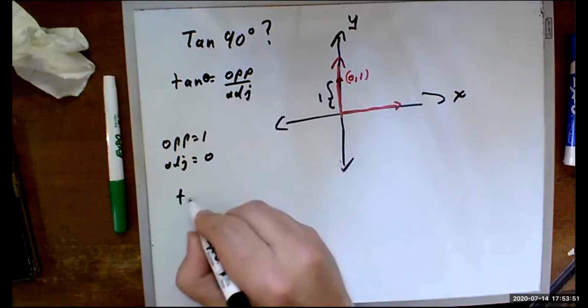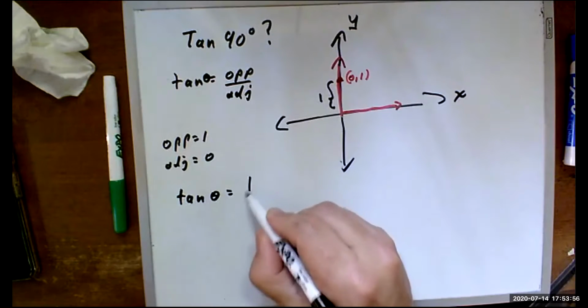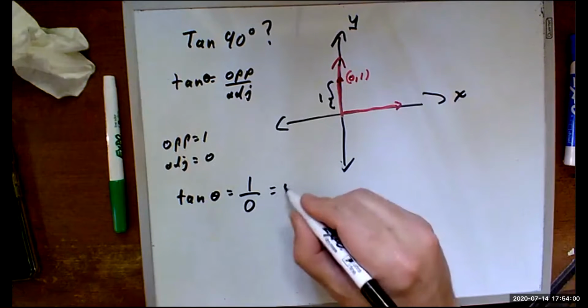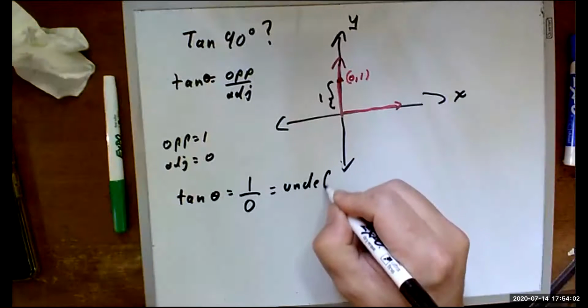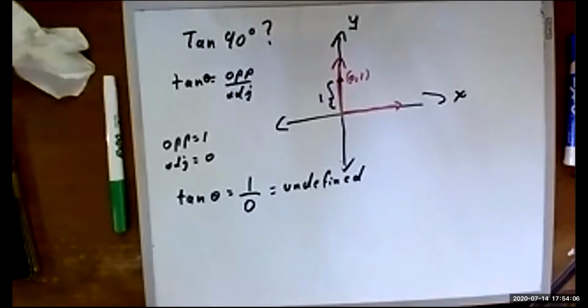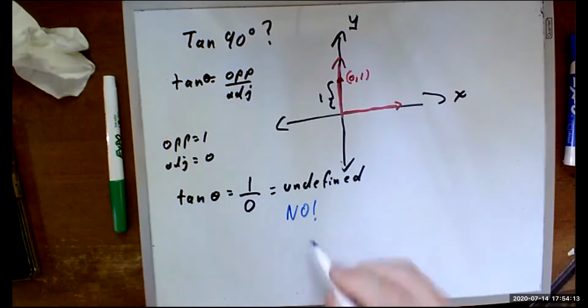So when we take a look at tan theta with those numbers in mind, we end up with 1 over 0, which in mathematics we say is undefined, which is a very fancy way of just saying, no, don't do it.